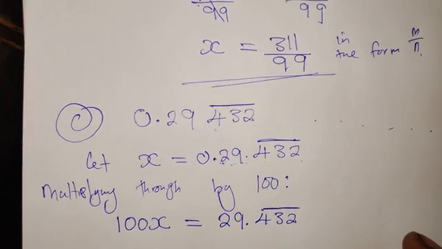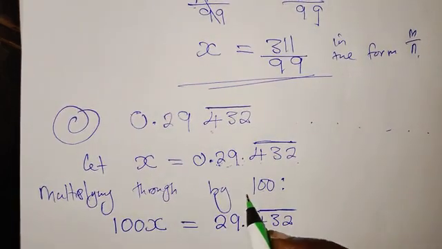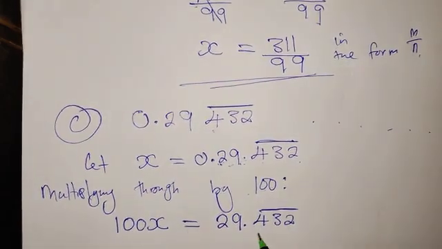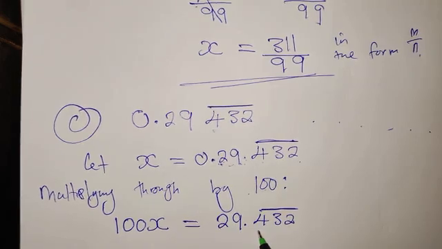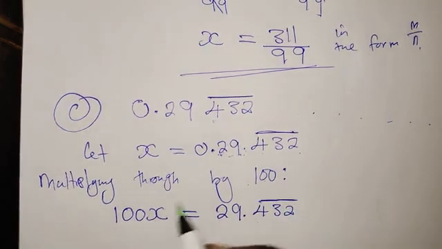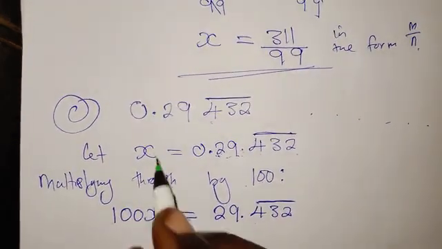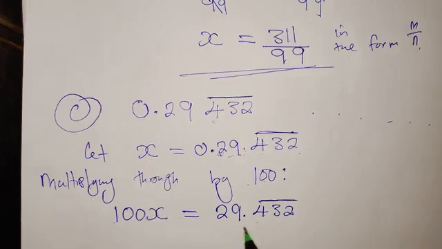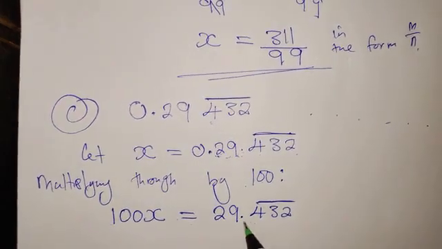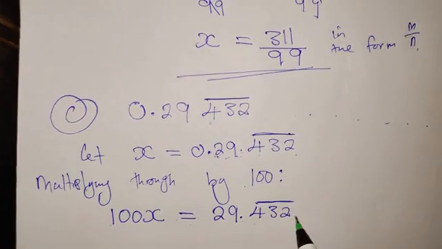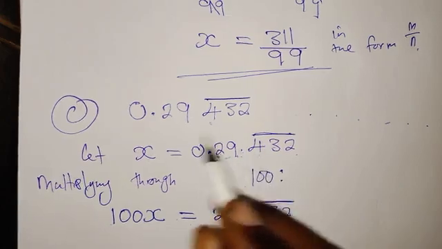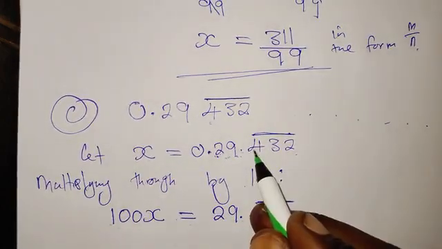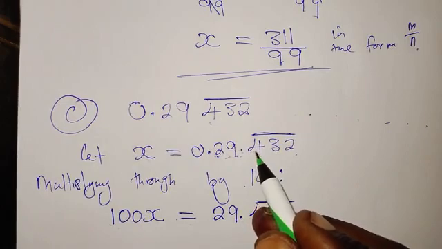Next, this is my 100x equal to that. Now we only subtract two expressions which have the same repeating numbers. I will not subtract 100x and x. Why? Because the 100x has the repeating number 432, but the x has a 29 here, which contradicts our solving. So I need to do another multiplication so that I can have a third expression.